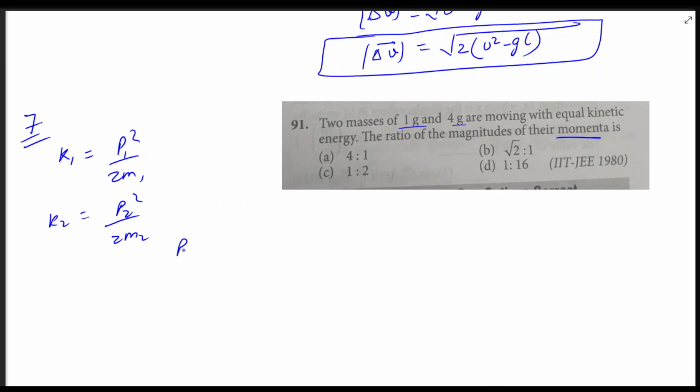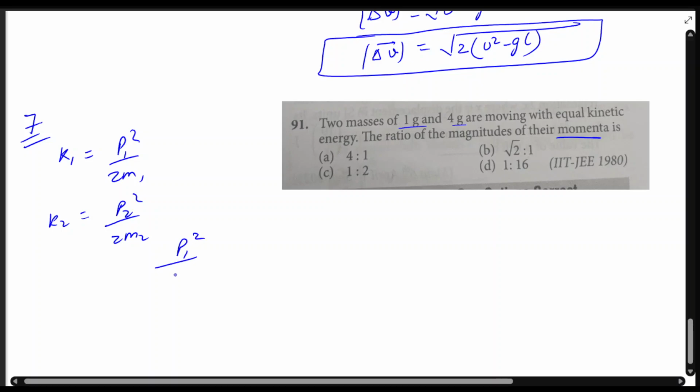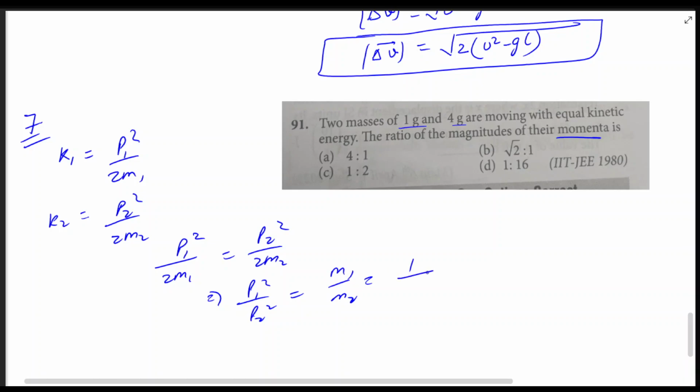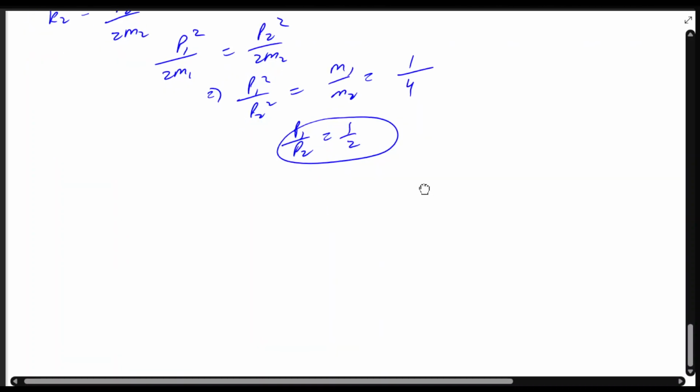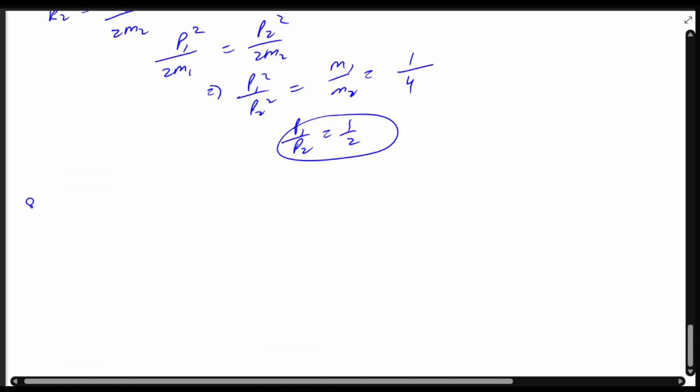So both are equal. So we'll have p1 square by 2m1 equal to p2 square by 2m2. So we will get p1 square by p2 square as m1 by m2. So we have m1 by m2 as 1 divided by 4. So we will get p1 by p2 as 1 by 2, right? So option C will be there. So pretty easy question. Let's move on to our eighth question.